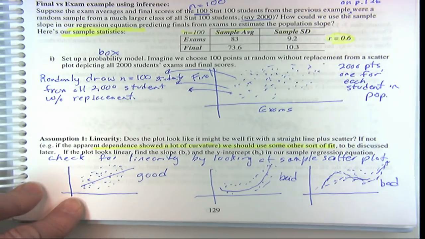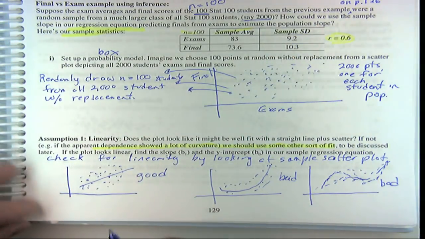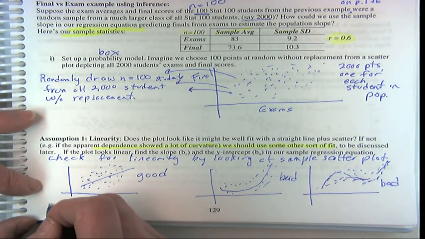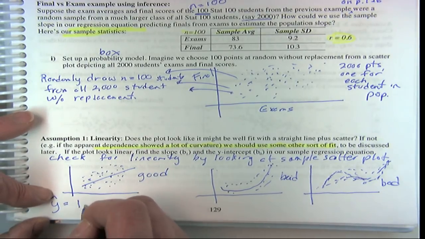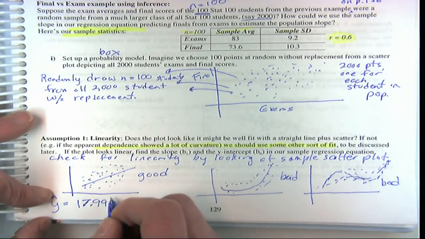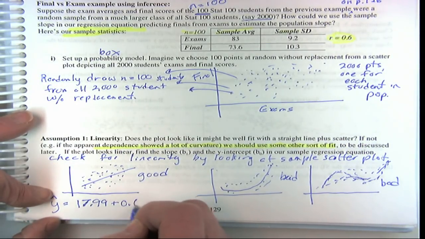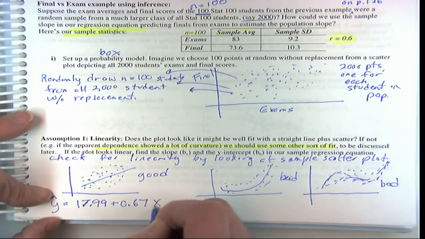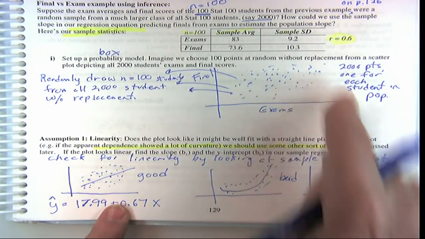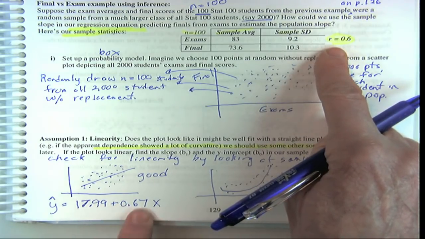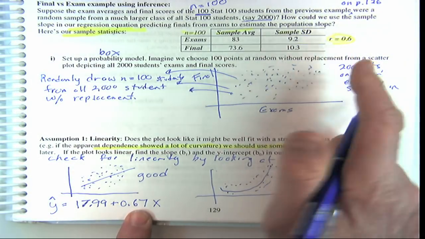We did that last time with this same data, and we got y hat equals 17.99 plus 0.67x, okay?